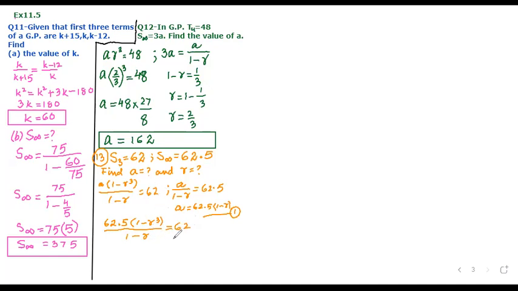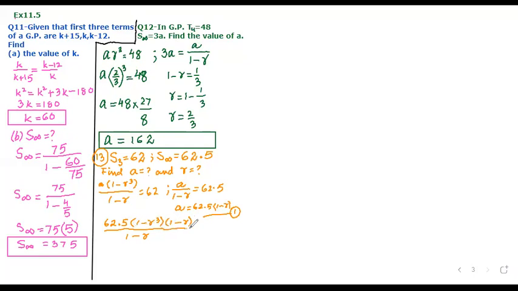One thing I did not mention here, I should have written 1 minus r here as well.